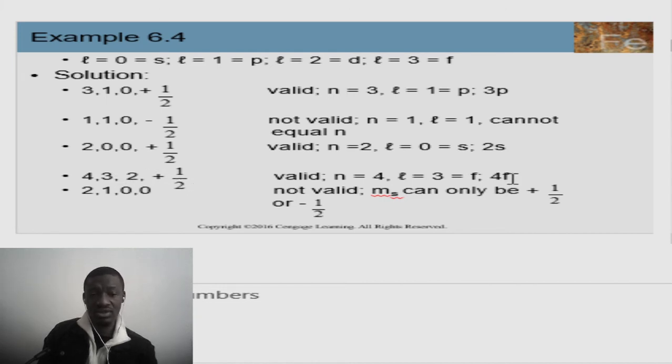So that's valid. Then you have this other one, you have a 2, and then 1 is indicative of p, which is a 2p, valid. When you come down to 0, valid. When you come down to the other 0, remember your spin has to be +half or -half, but in this case you have a 0. So on the strength of that, it's not valid. So I hope that makes sense.